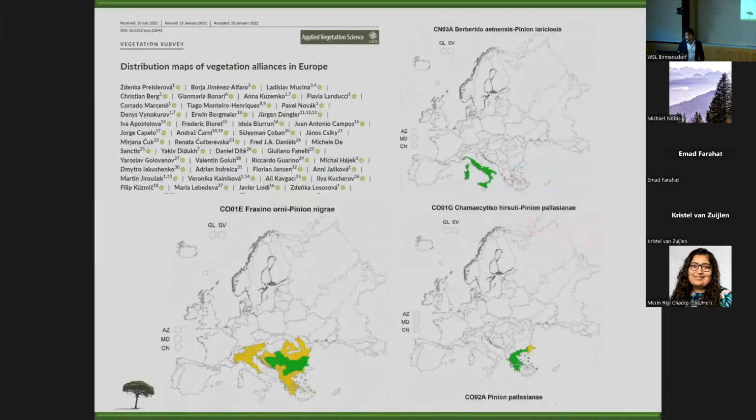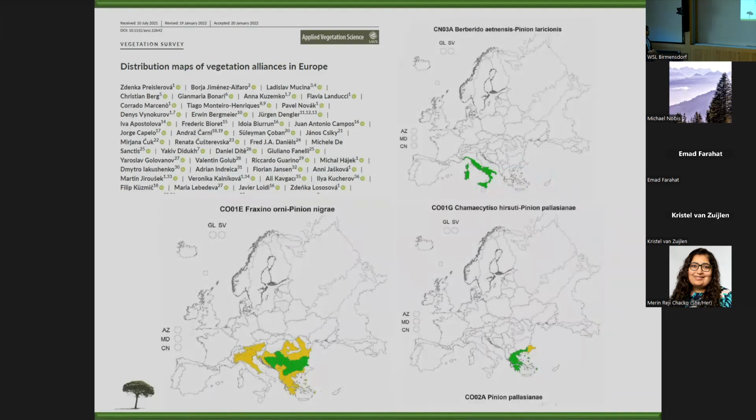Then I go back for a second to the classification of habitats, because in these years, the group of the Masaryk University also produced these nicely prepared maps of alliances, which is another category of this habitat classification, let's say.